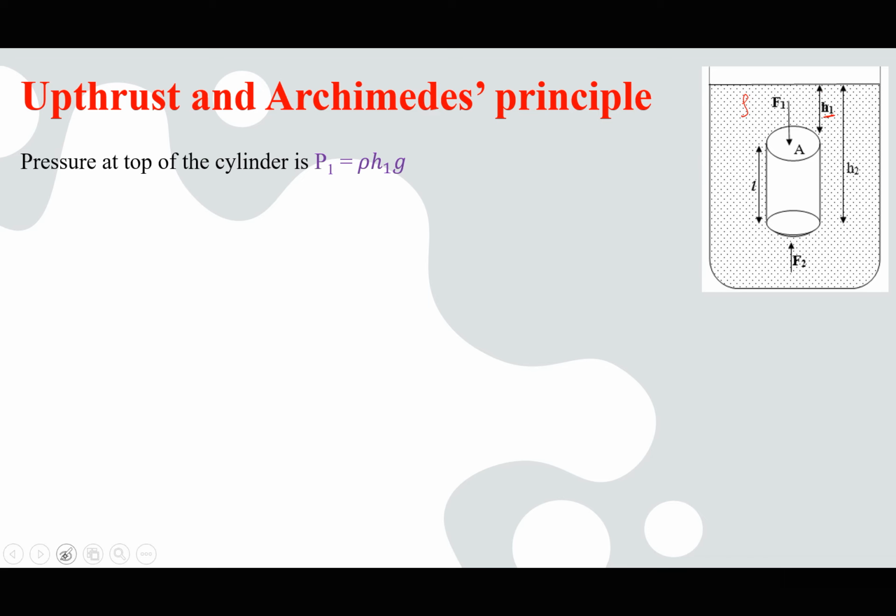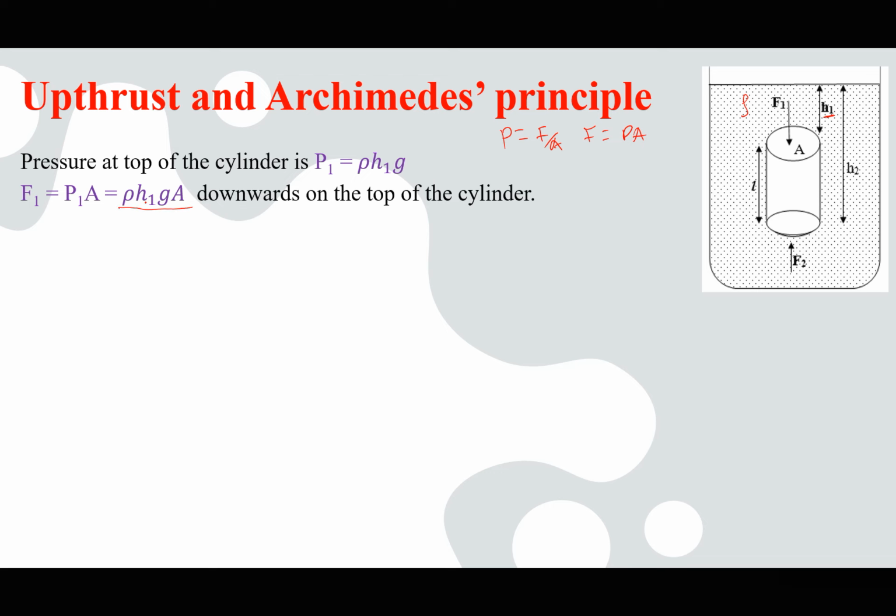That means the force exerted on top of the object, since pressure equals force over area, is pressure times area. So the force is P1 times the area, which is the same as ρh1g times A. And this acts downwards on top of the cylinder, as shown in the diagram.